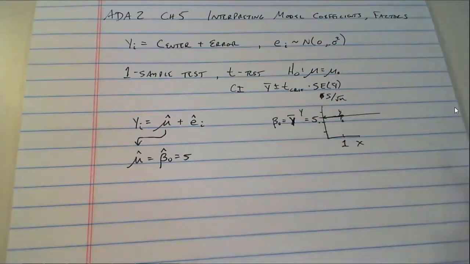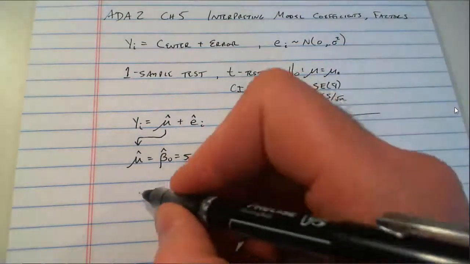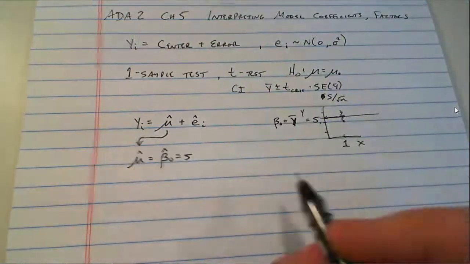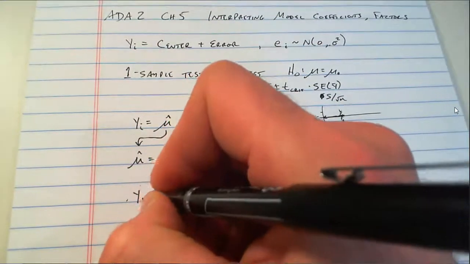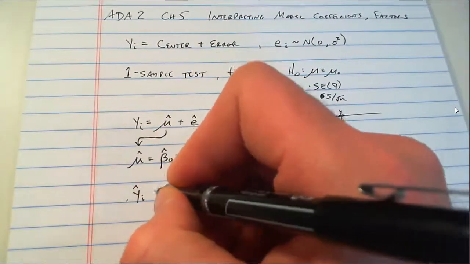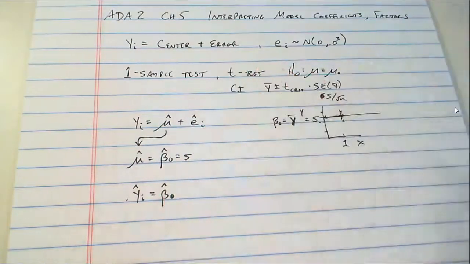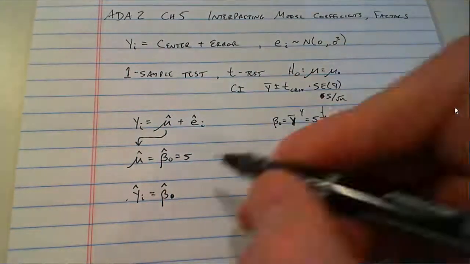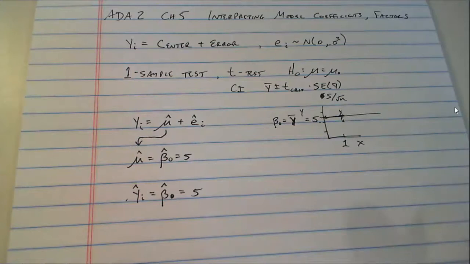Okay. So our model here then, just to rewrite it one more time, I'm running out of space for my hand, is yi hat equals beta naught hat. And that happens to be equal to 5. All right. So, simple enough. All we've done is call the center beta naught.